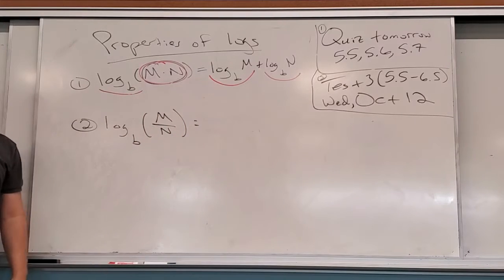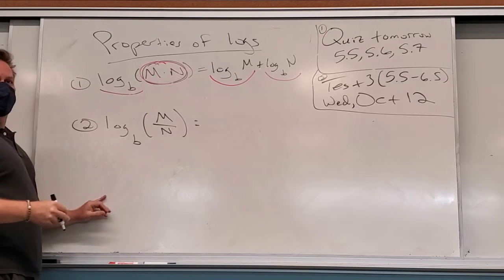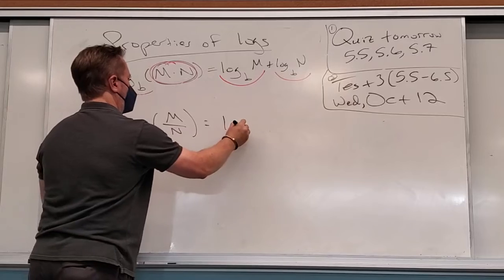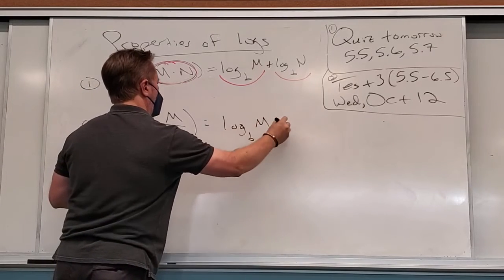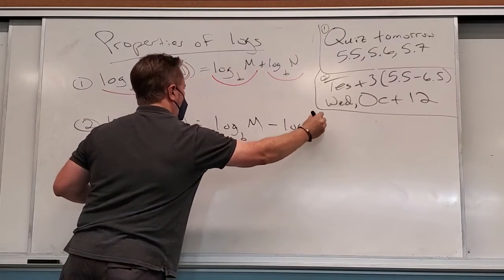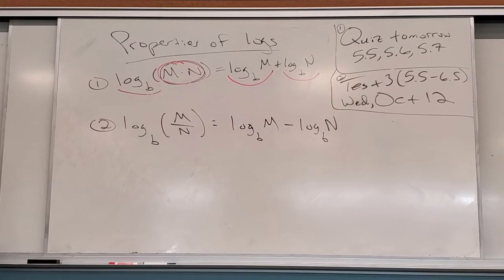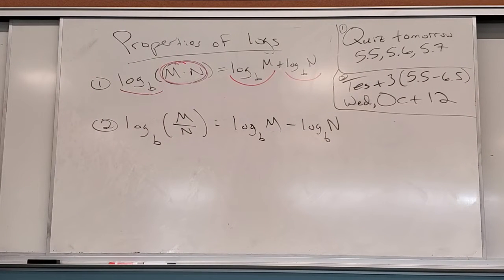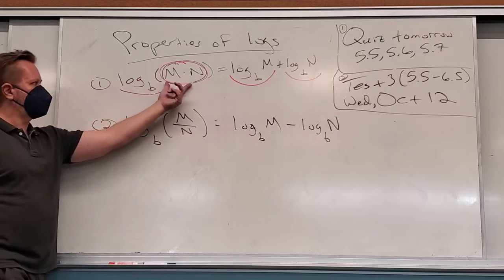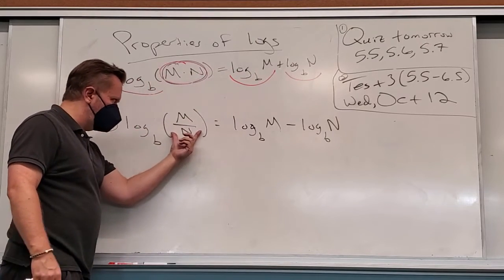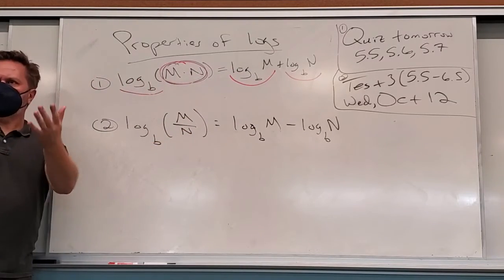What do you do with the powers when you divide two things with the same base? Subtract them. So it'll be the power of the top minus the power of the bottom. Does that make sense? Beautiful analogy. Log of a product is addition, log of a division is a difference. That is a nice analogy.